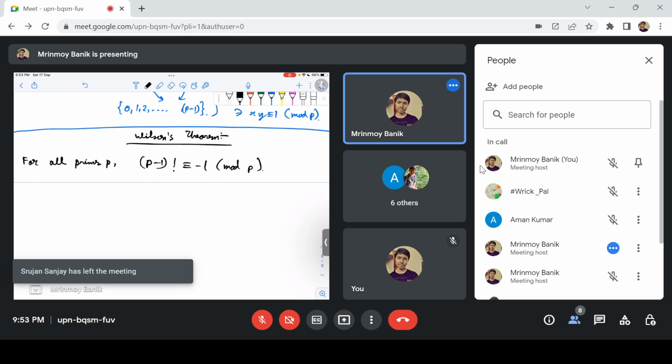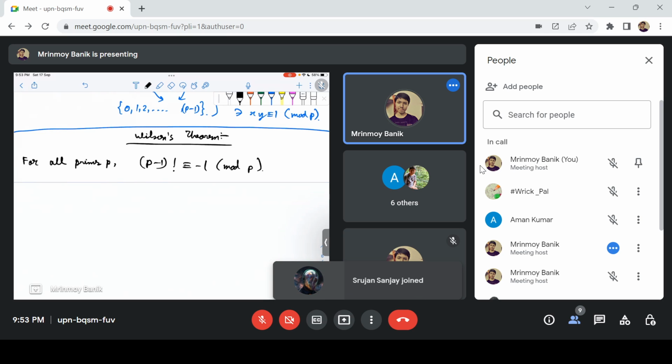So why is that true? You can check that p minus 1 is congruent to minus 1 mod p.